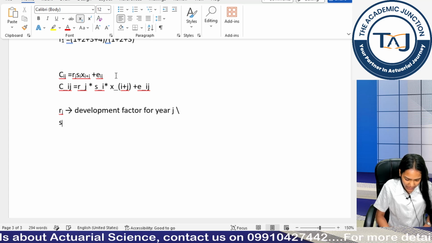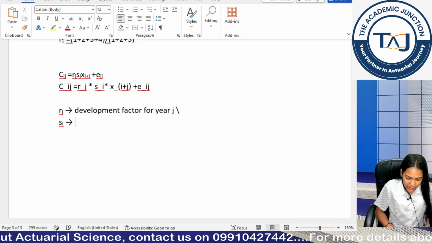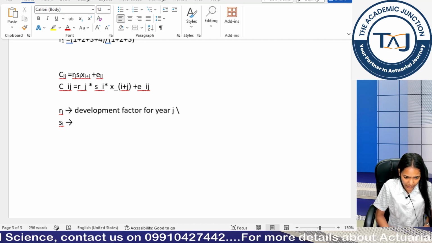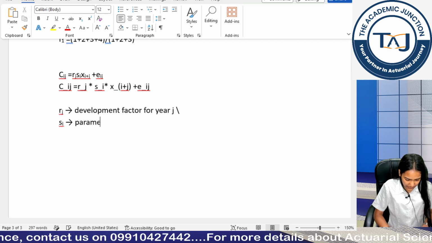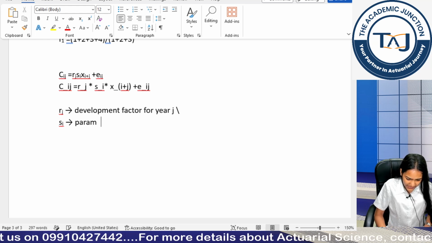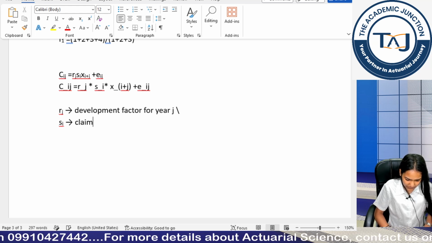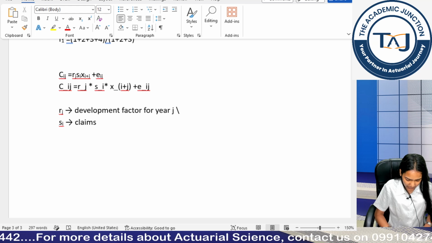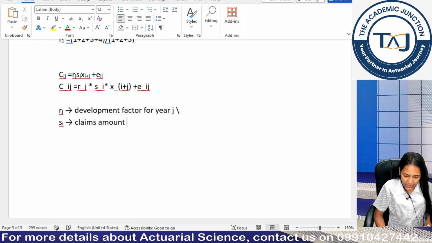Similarly, you will write i. This is basically your claim or parameter varying. Okay. So this is basically the parameter. This is basically the claim number.